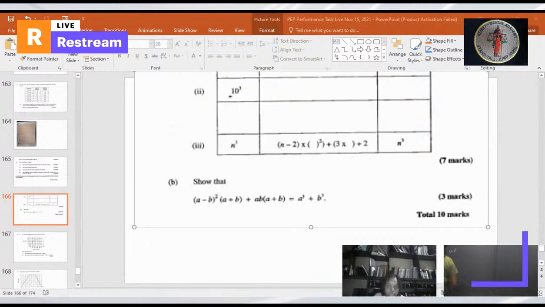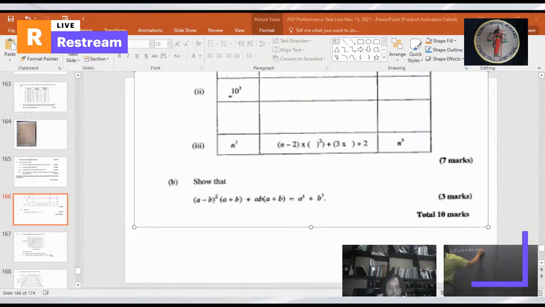And then in another bracket, we have a plus b, plus ab outside of the bracket of a plus b. Close bracket, equals.